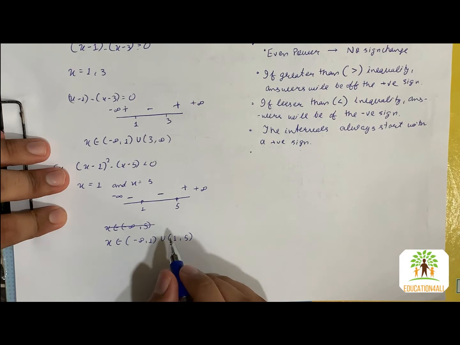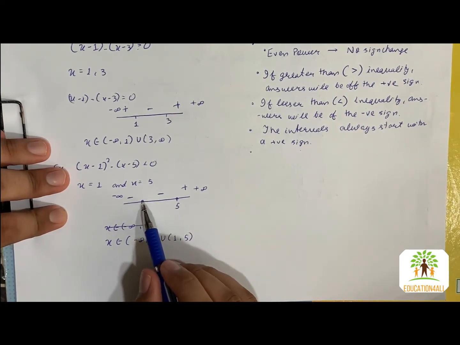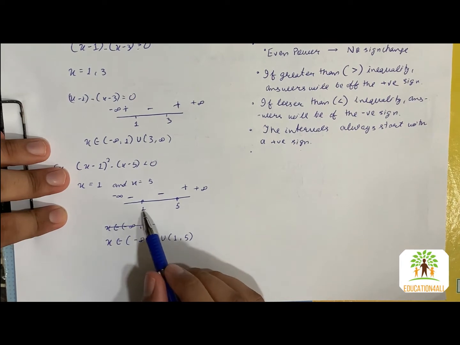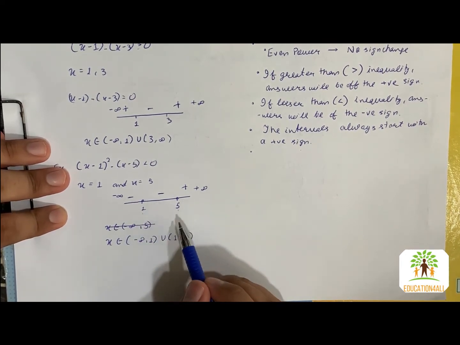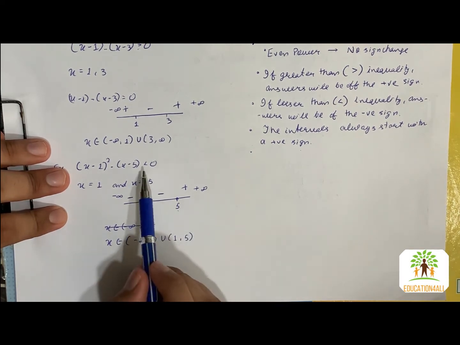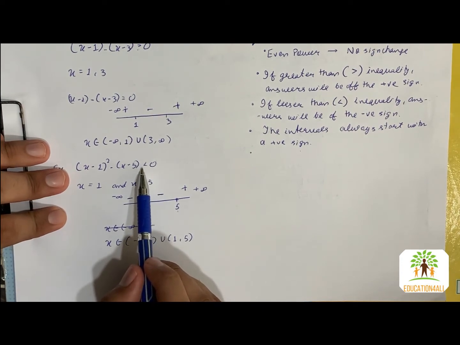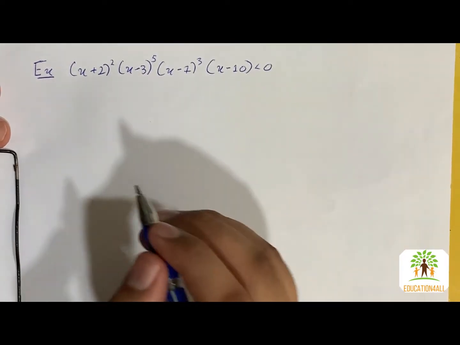This is because, as I told you earlier, it is an open interval here, which means that you will not write 1 or 5 as your answer. If there would have been a closed interval, it would have been specified by writing an equals to sign below the lesser than sign.